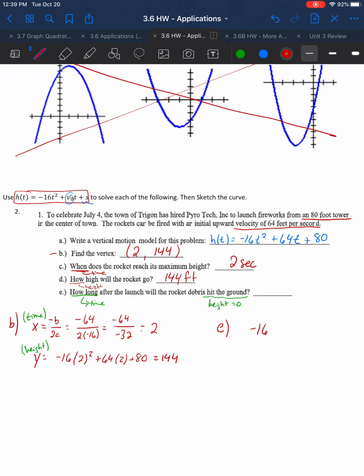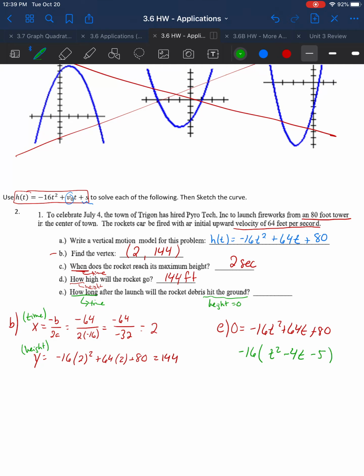Now part E, how long will it take for the debris to hit the ground? Well, how long? Yes, that's time. Hitting the ground means that my height is 0. So how I do this for part E, I'm going to take my equation, negative 16 t squared plus 64 t plus 80, and set it equal to 0 and factor.